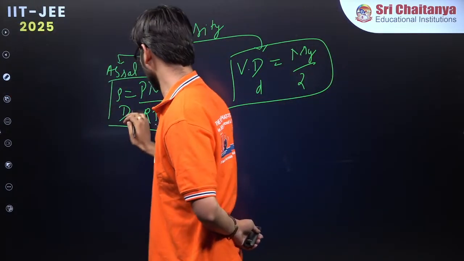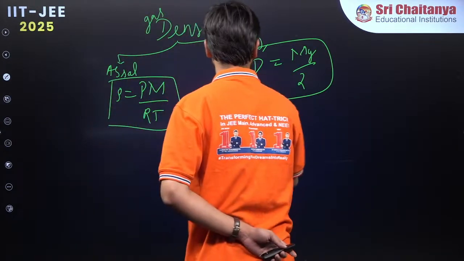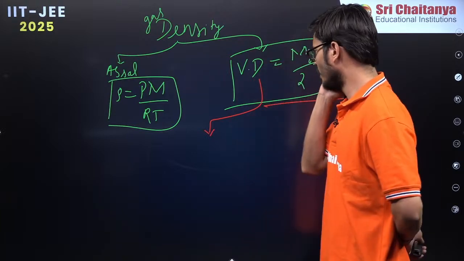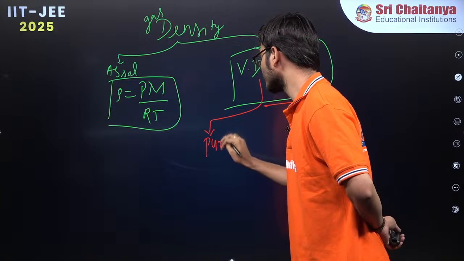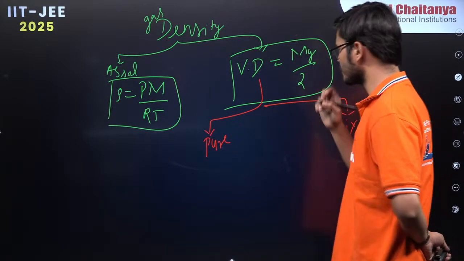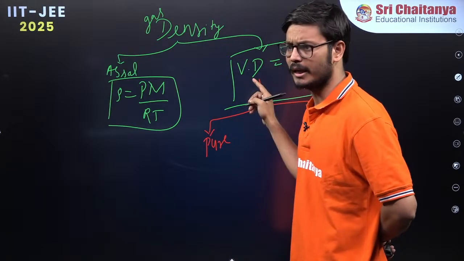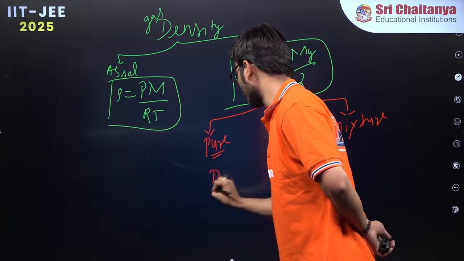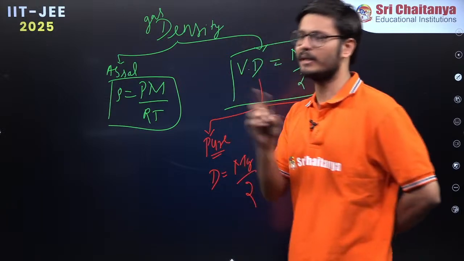Vapor density was again divided into two halves. In vapor density we have two parts: one was for pure gases, and one was for mixture of gases, isn't it? And if you remember the derivation, for the pure gas, vapor density d is equal to mass of gas by 2, because there is only one gas.